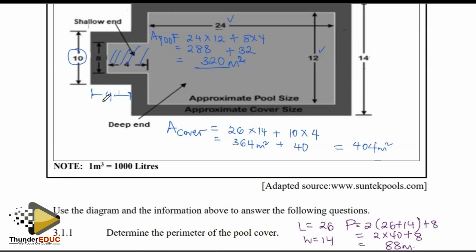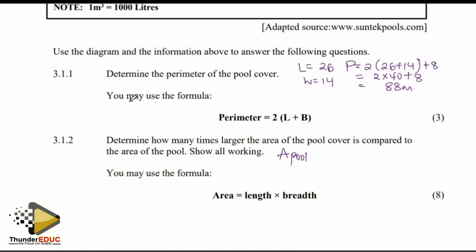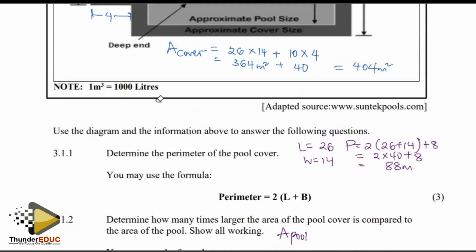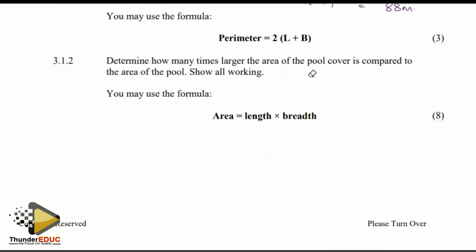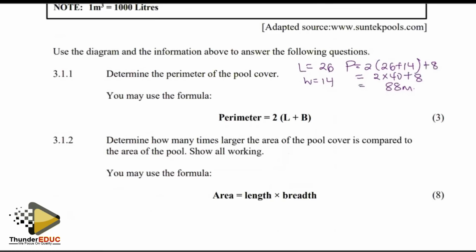So we shall go and do now our question down there. So now, since we are looking for larger than, that means we shall get the area of the cover divided by the area of the pool, of which we've just seen how we got it.